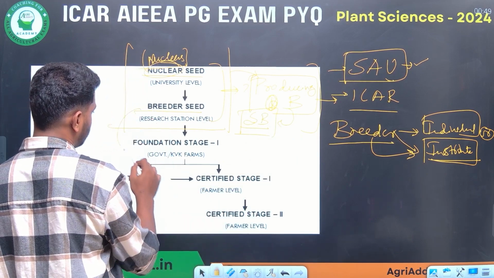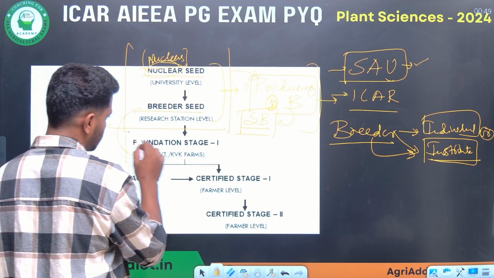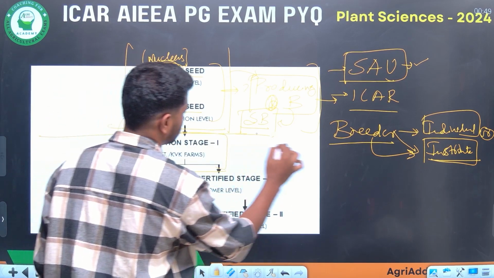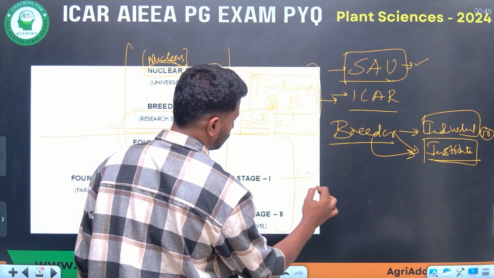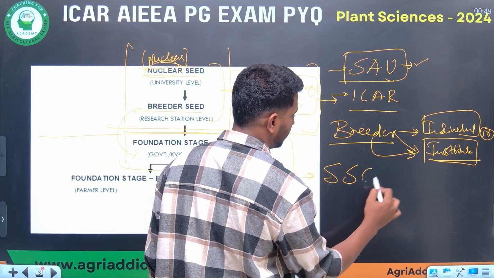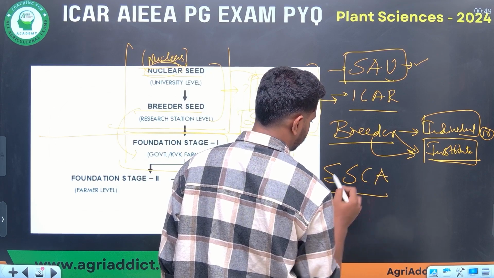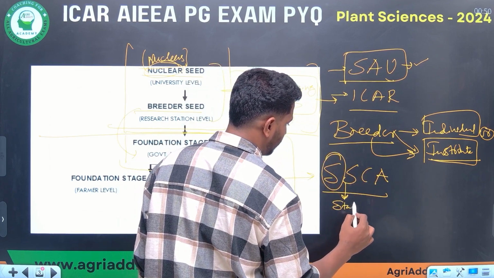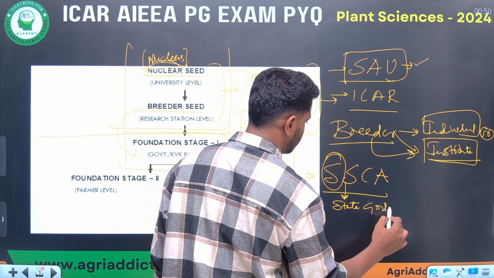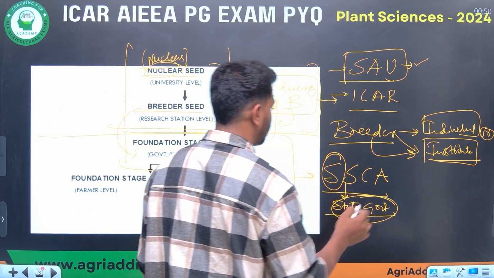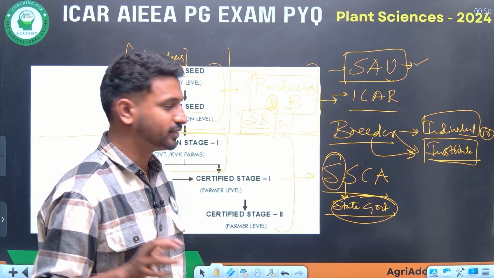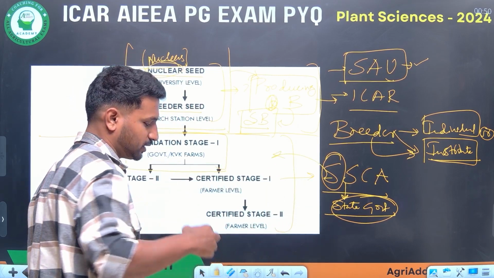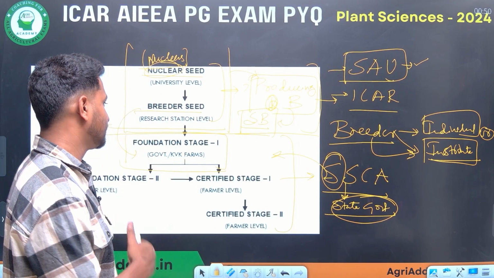Next, once it goes from the breeder seed to the foundation stage, who is going to produce it? From this stage, remember, this is under the state seed certifying agency, and as the name suggests, it is state seed and it is directly controlled by the state government. The agency is notified by the state government and the license is given by the state government, and it is under the state government that the foundation seeds and the certified seed are produced.